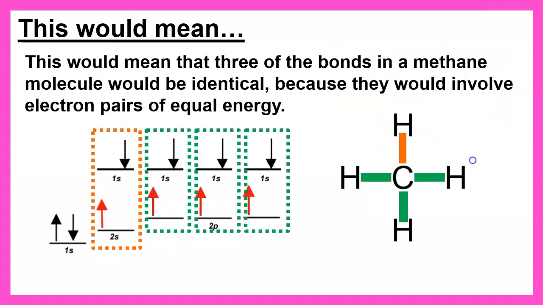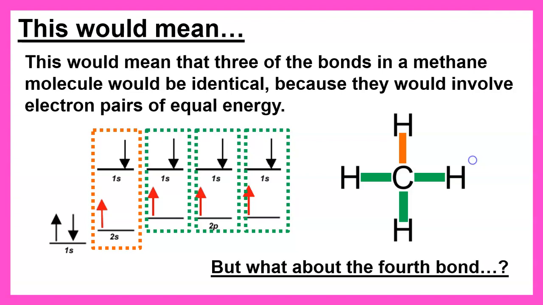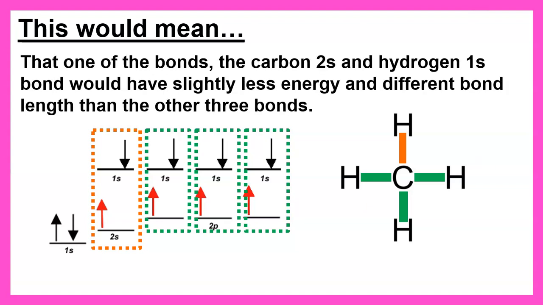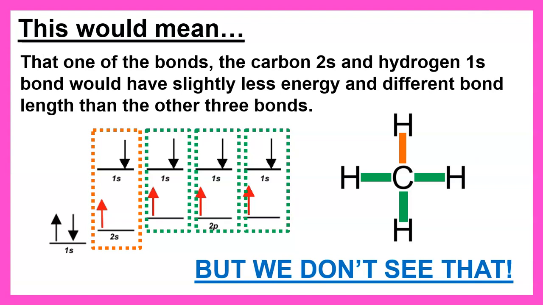This would result in 3 of the bonds being the same and that 4th one not matching. And that is not what we see. It would be a slightly lower energy. It would have a different bond length, and that's not reality.